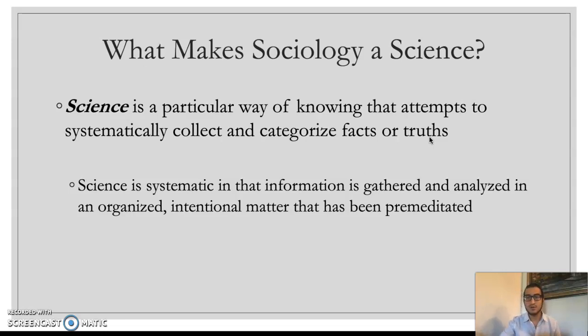This is a really important aspect of scientific inquiry, right? This is what distinguishes science from just a general opinion that someone may have. Science is systematic, it is planned, it is meticulous. We have to consider many different variables when we're conducting science or sociological research, or in any field for that matter.